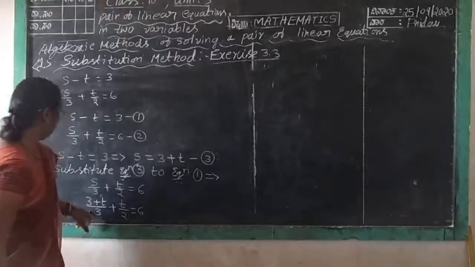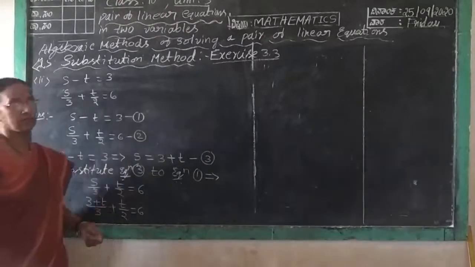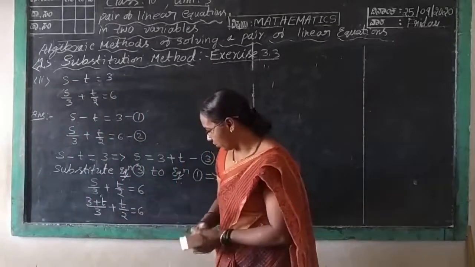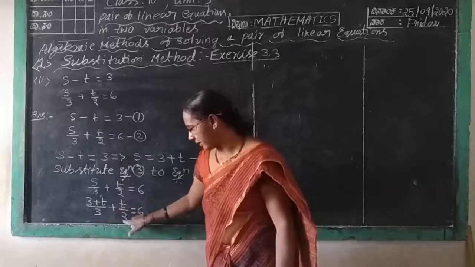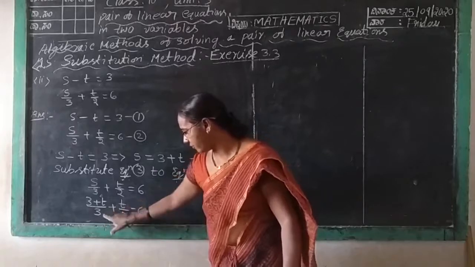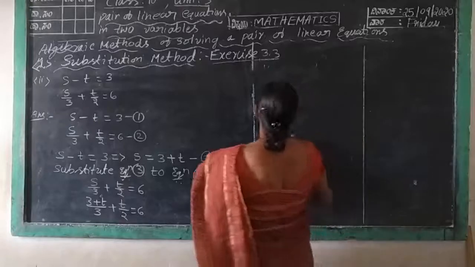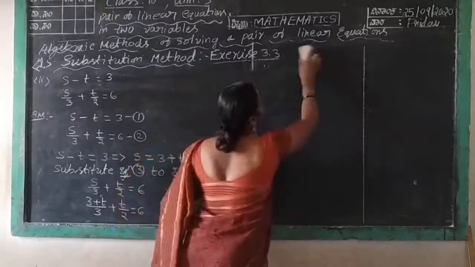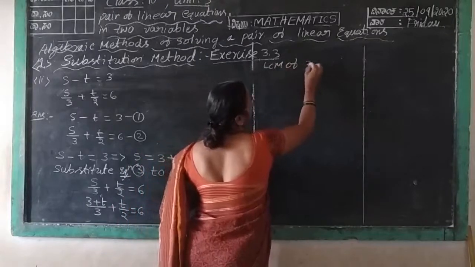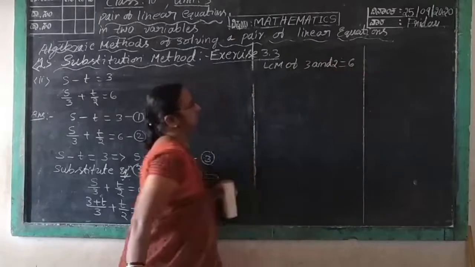Then we know that we cannot directly add 3 plus t by 3 plus t by 2 is equal to 6, because the denominators are different. We take the LCM of 3 and 2. The LCM of 3 and 2 is equal to 6.